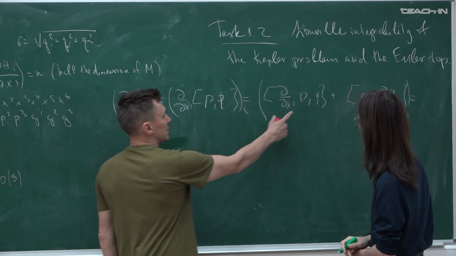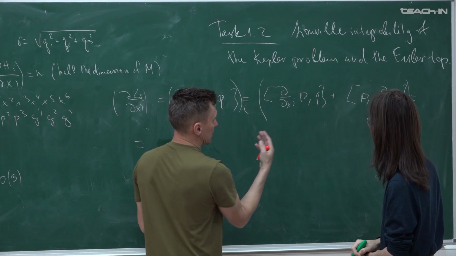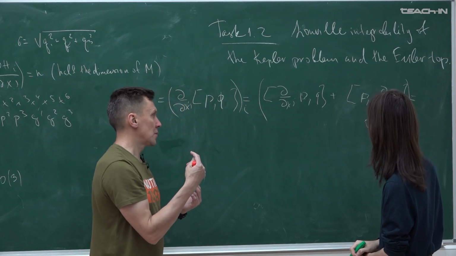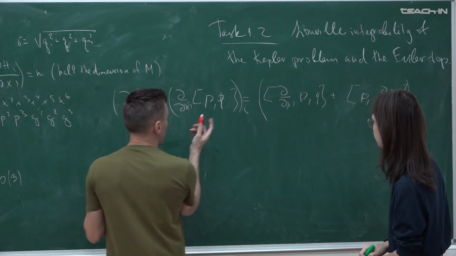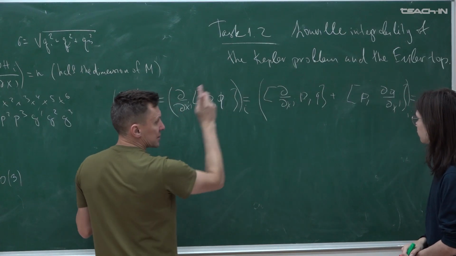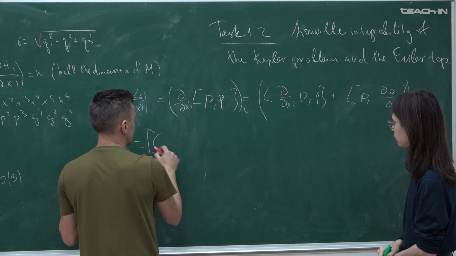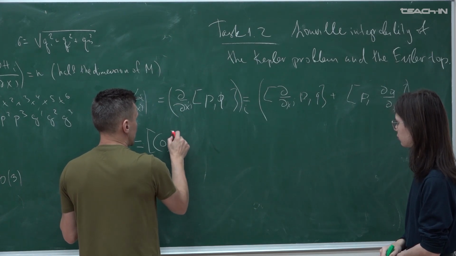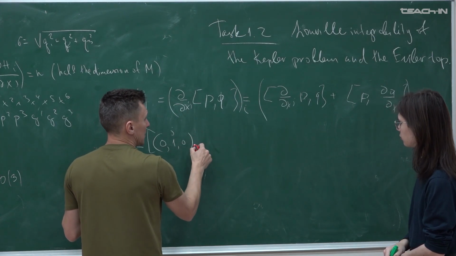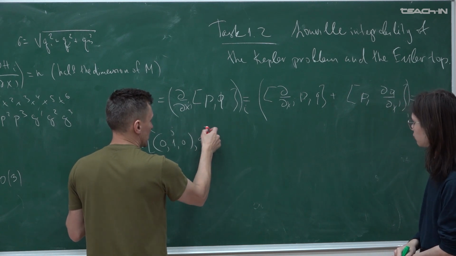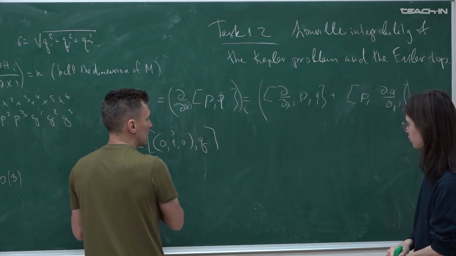So this derivative is a constant vector with 1 on the j-th place. Yes, so it's something like this: 1 on the j-th place, and with q.